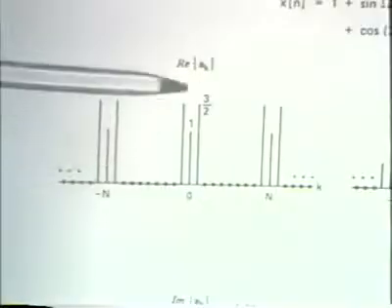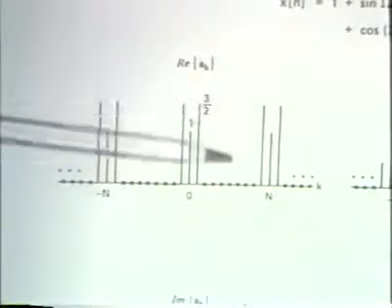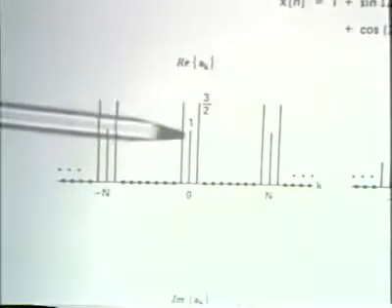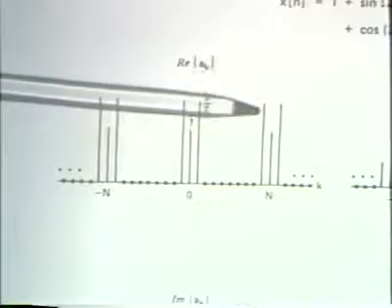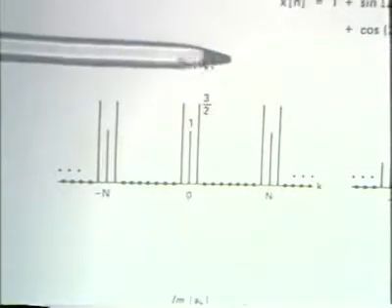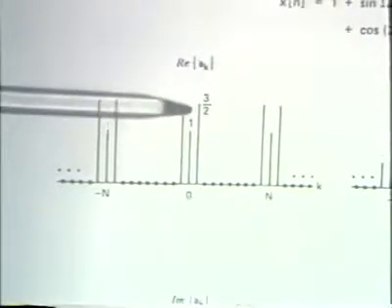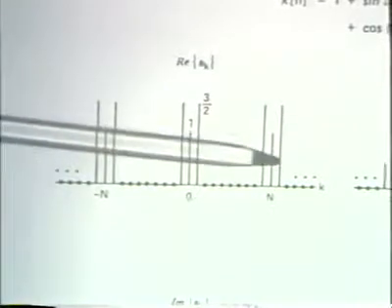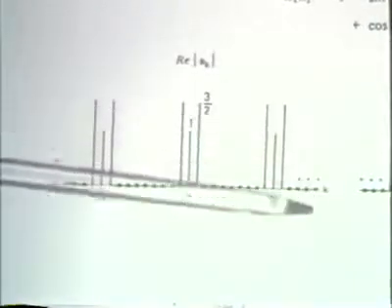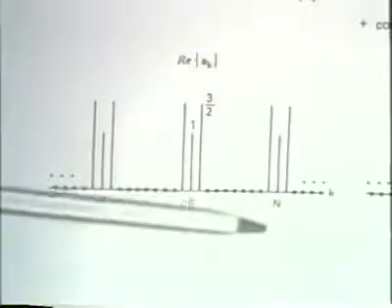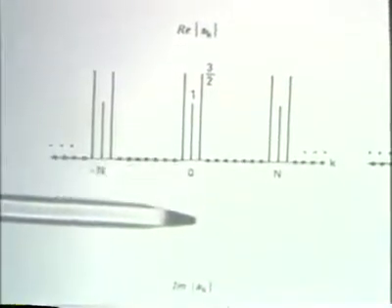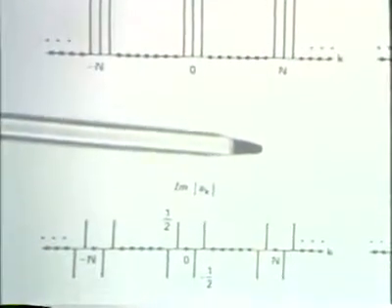And of course, these are the three terms that are required, or equivalently this one, and this one. And then because of the periodicity of the Fourier series coefficients, this simply periodically repeats. So here is the real part, and below it I show the imaginary part.